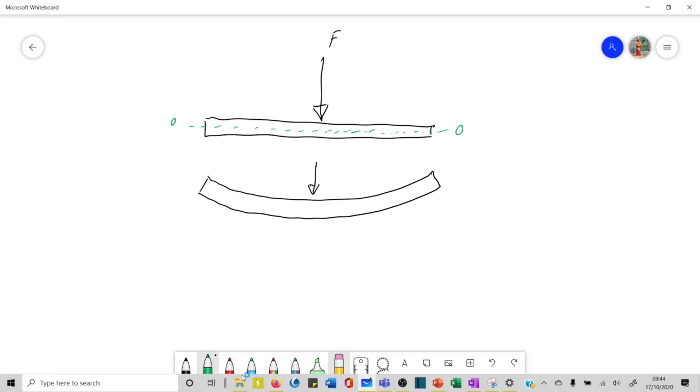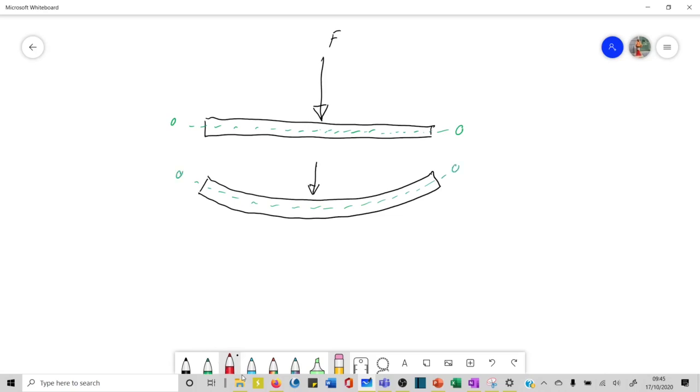Obviously now things are starting to change, because we no longer have a neutral axis in the center. It's going to be different if we applied a different type of force, an angular force, but that is still 0.